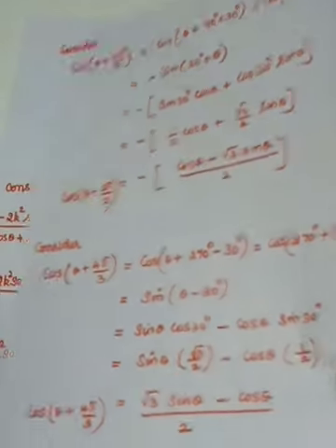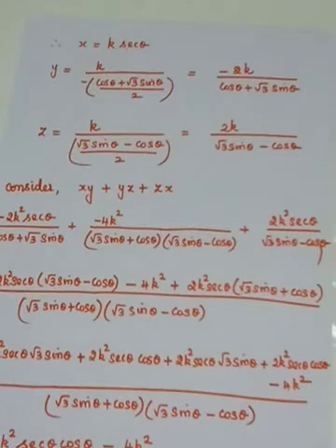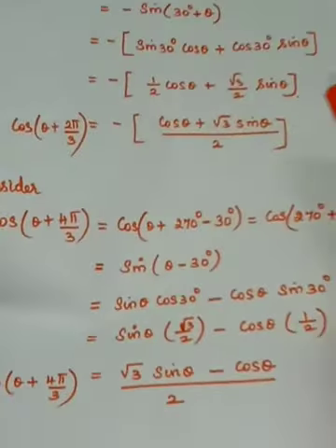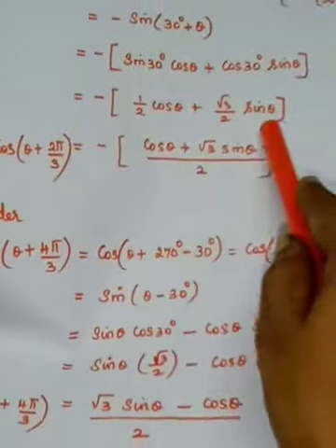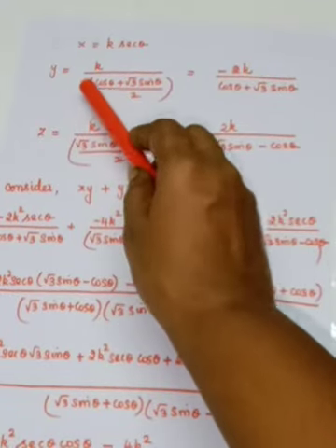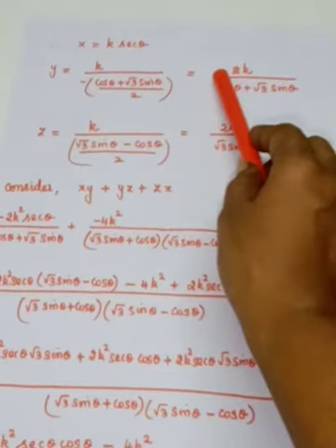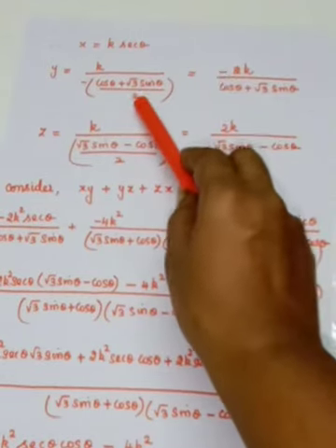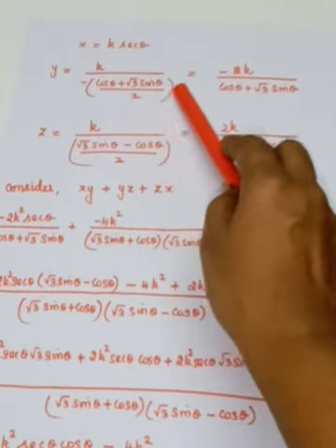See that x is equal to k secant theta. What is y? k divided by cos of theta plus 2 pi by 3. The cos of theta plus 2 pi by 3 is this value. It has to be substituted here. This minus is common, so I have written it in the numerator. This 2 will go to the numerator.